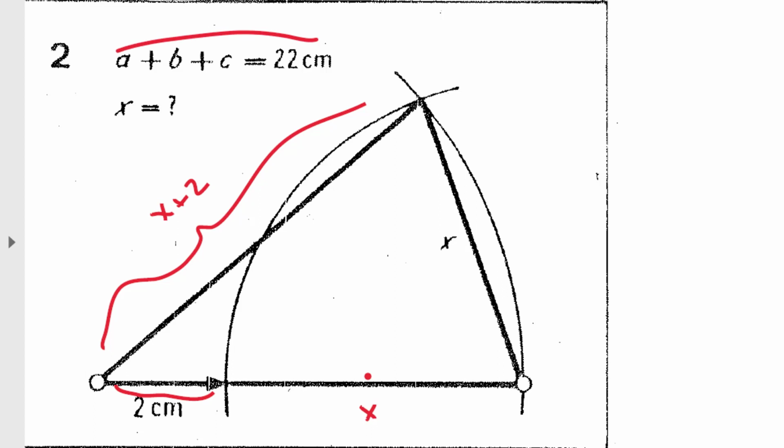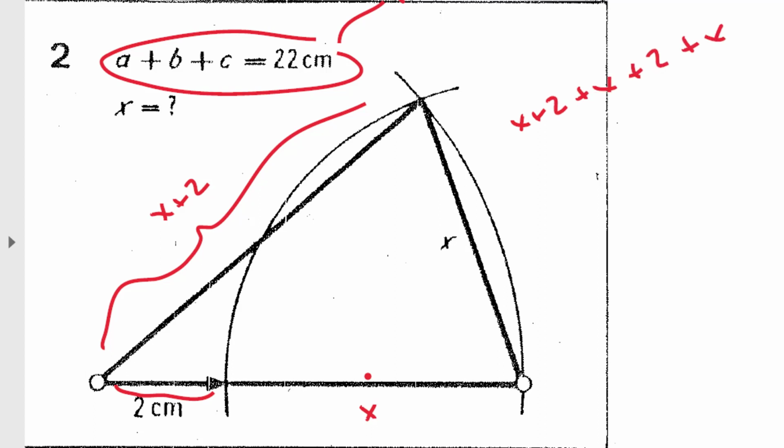And this, by the way, means this is a perimeter. And so that means that x plus 2 plus x plus 2 plus x is equal to 22. Solve for x. X ends up being equal to 6.